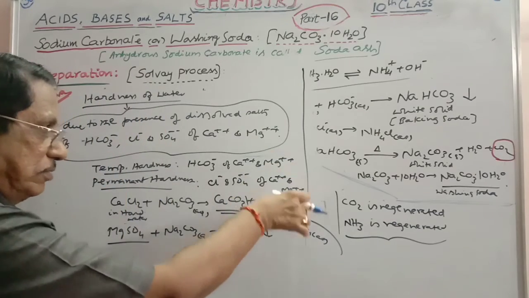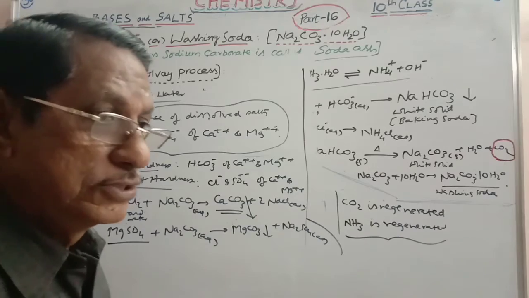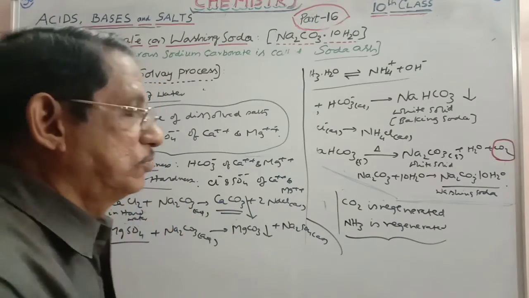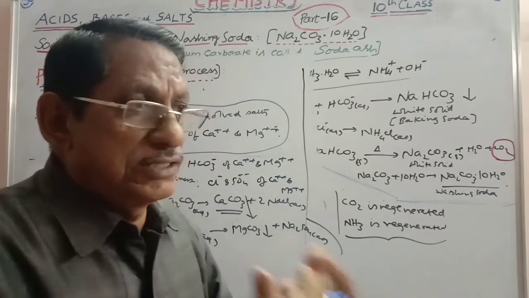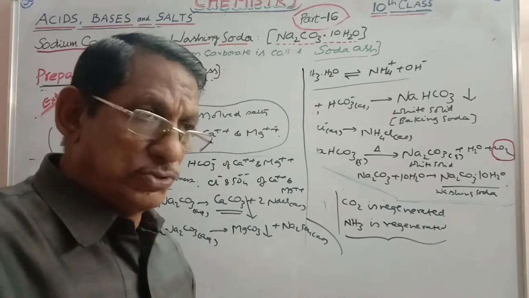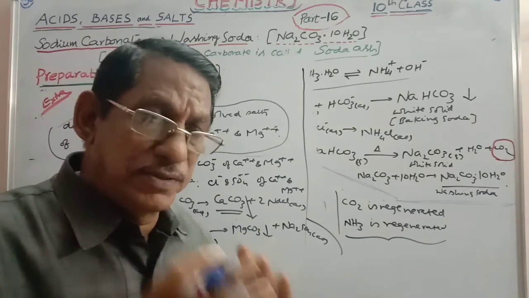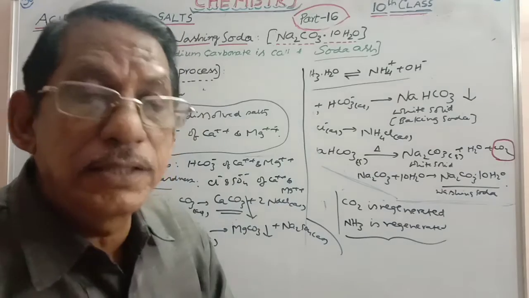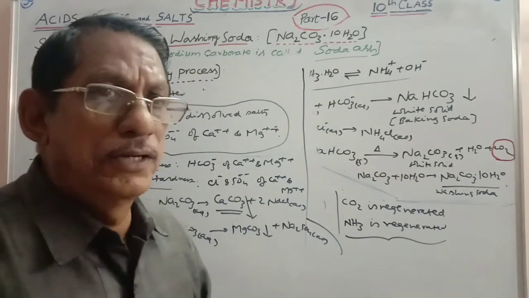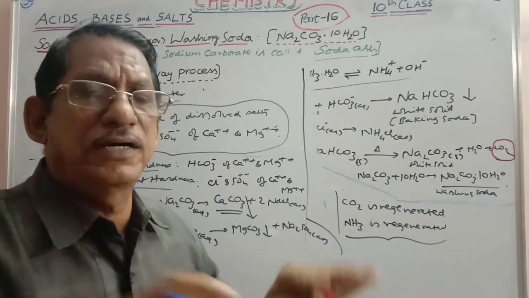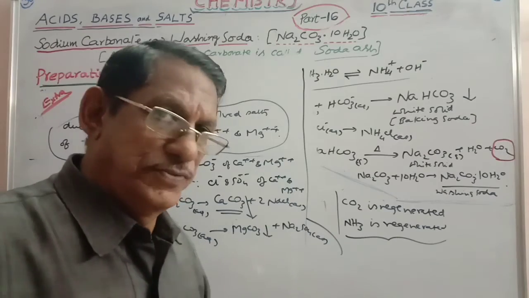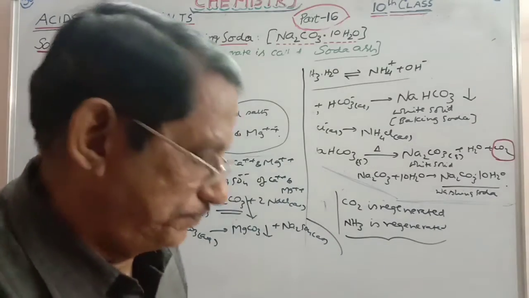And so these two are removed, hardness is removed. So in this way, permanent hardness can be removed by the addition of sodium carbonate, because whatever calcium ion, whatever magnesium ion are present in the solution, which are the sole reason for causing the permanent hardness, are precipitated and separated, and you will get the clear water. It is free from hardness. That can be used. That is now converted into soft water.